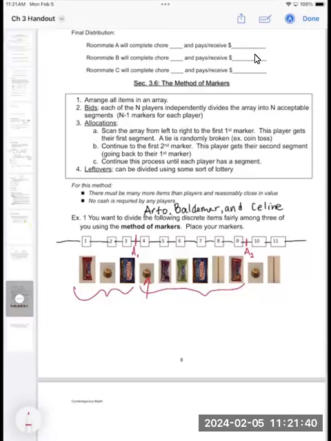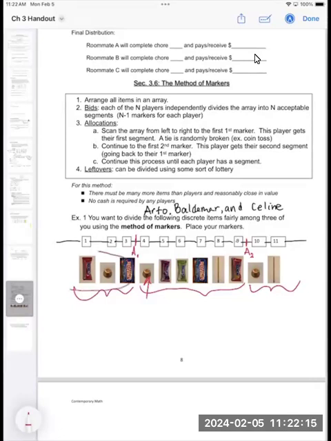So the number of players minus 1 is the number of actual cuts you would have to make in a string so that there's the same amount of pieces as there is players. Then the second Reese's here and the last pencil, those would be a fair share in his mind as well.